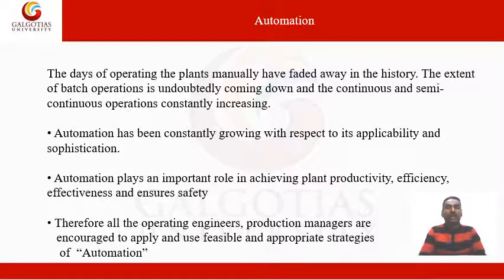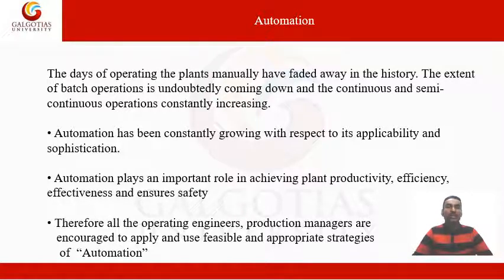Automation. The days of operating the plants manually have faded away in history. The extent of batch operation is undoubtedly coming down, and continuous and semi-continuous operation is constantly increasing. Nowadays automation makes things more comfortable for all industries so they can speed up the process.